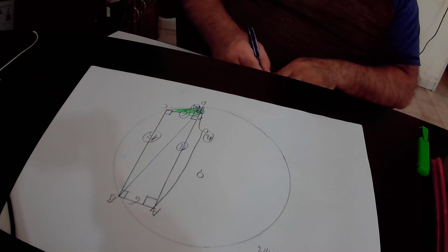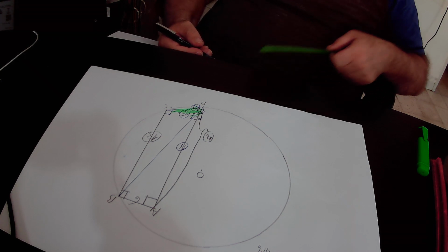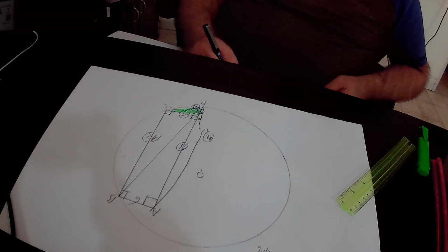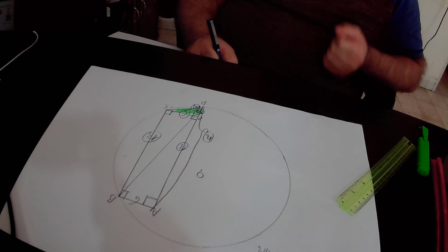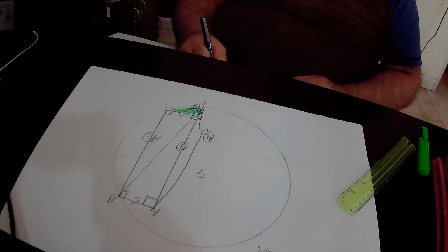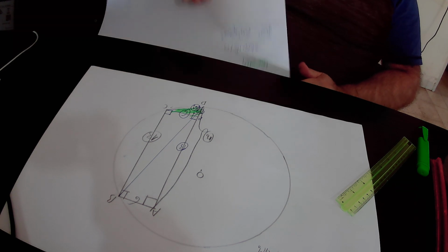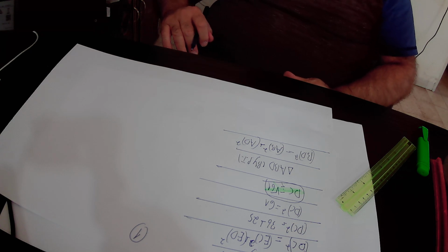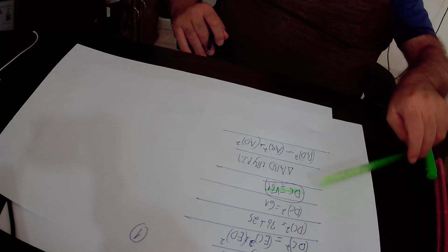And it must be equal to the sum of the squares of the perpendiculars, that is to say, AB squared plus AD squared. So in conclusion, in the right triangle ABD, BD squared equals AB squared plus AD squared.